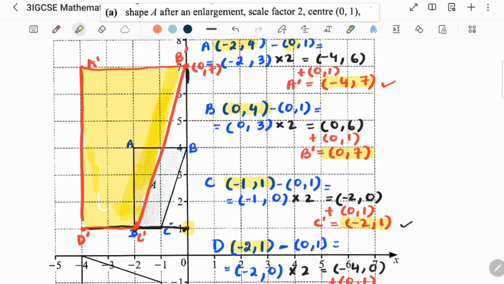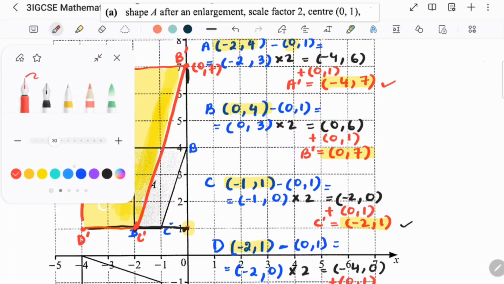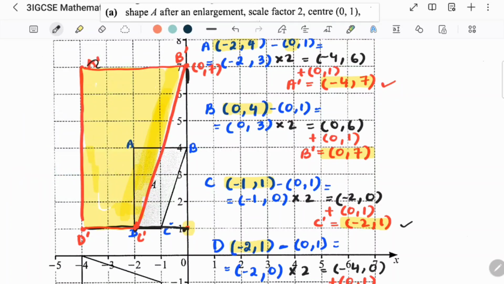And one more thing, you can see that your scale factor was positive. That's why your center is at one corner. I'm just showing it to you because in the next video you will describe it as well. A to A prime to the center, B to B prime to the center, they are connecting at this point. 0, 1 is the center, and your center is at one corner.